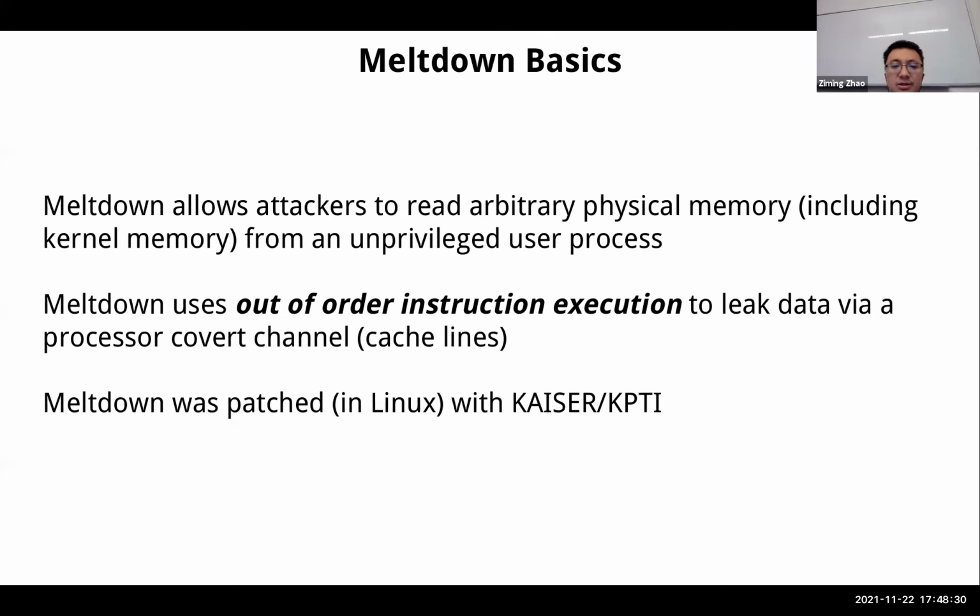All of those attacks are called side channel attacks because the root cause is that when you design a CPU, you try to make it faster. You come up with some optimizations based on some usage patterns and heuristics to make the CPU run faster.